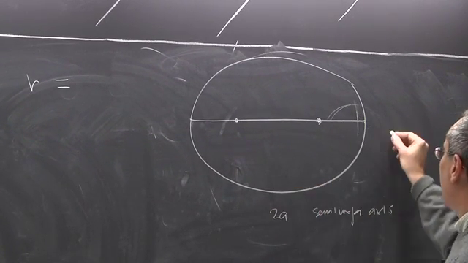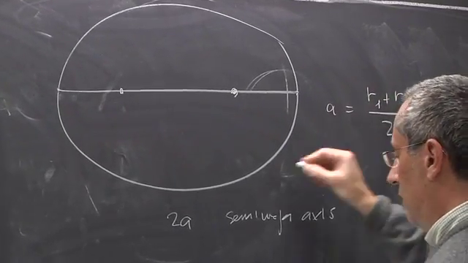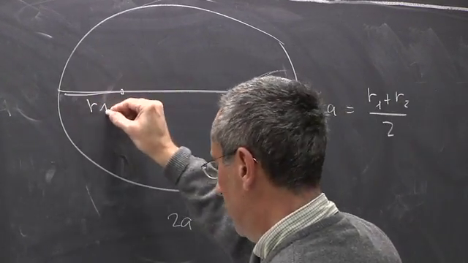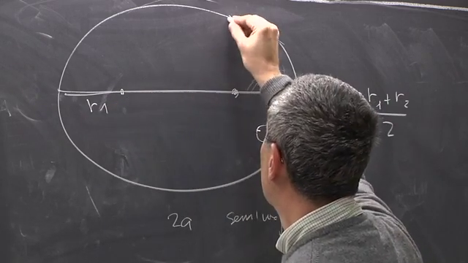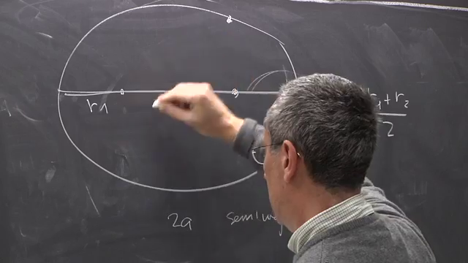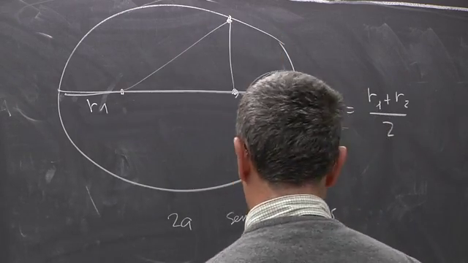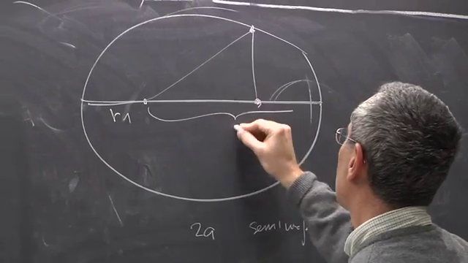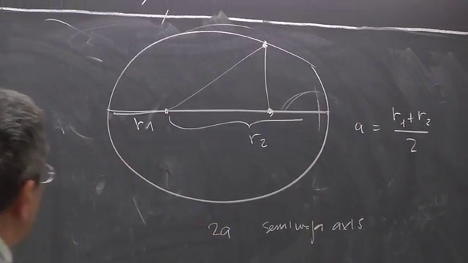And you know that this A is equal to the sum. If this is R1 and this is R2, clearly A is equal to the sum of R1 and R2 over two.